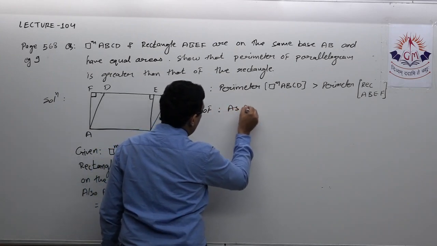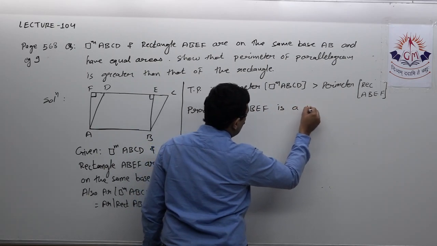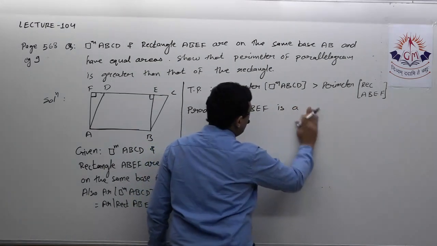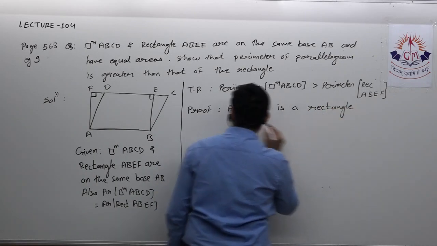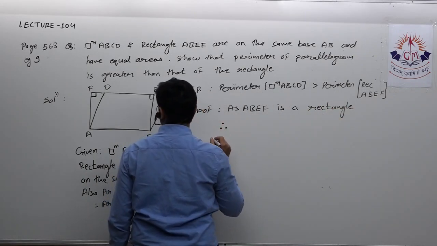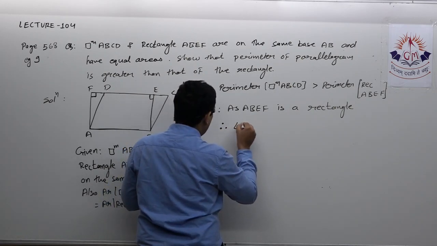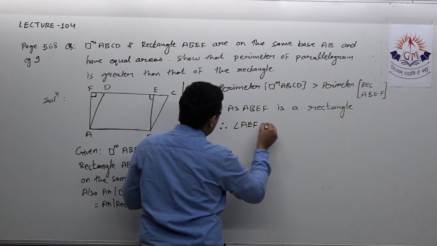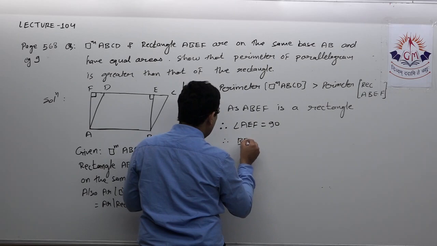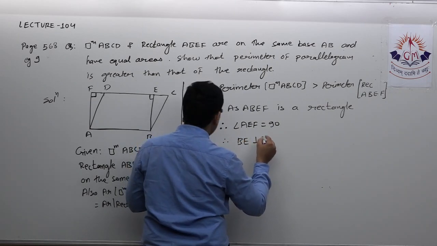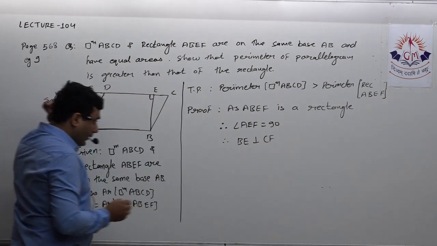As ABEF is a rectangle, therefore angle AEF is equal to 90 degrees, or I can say BE is perpendicular to CF.